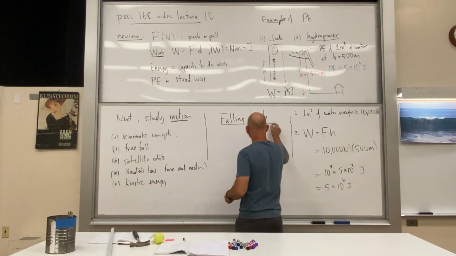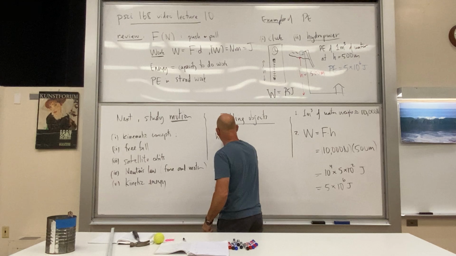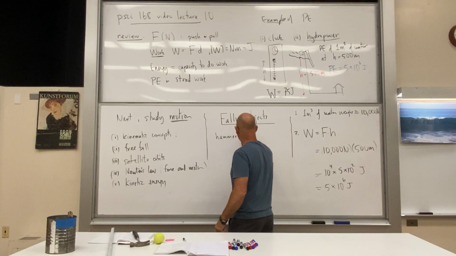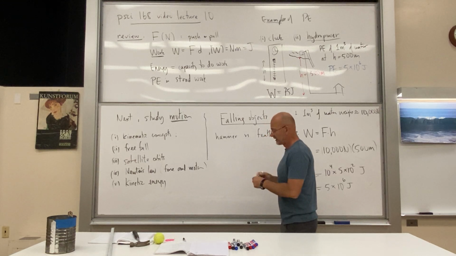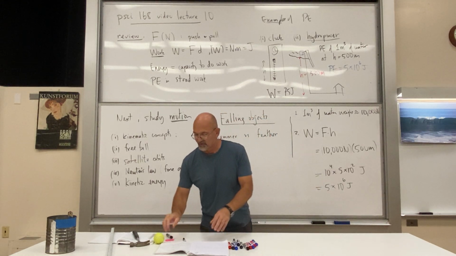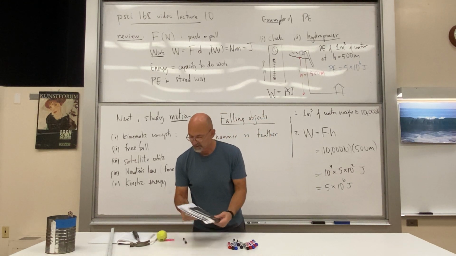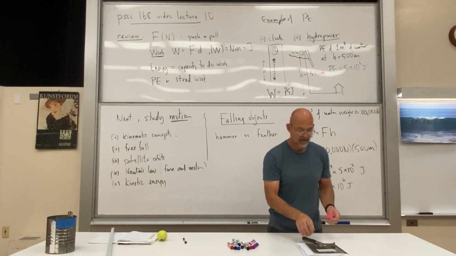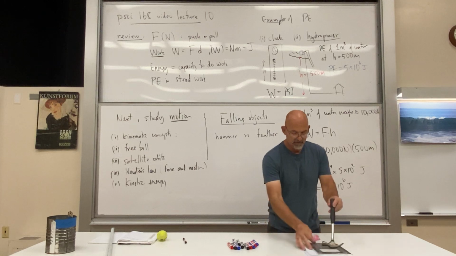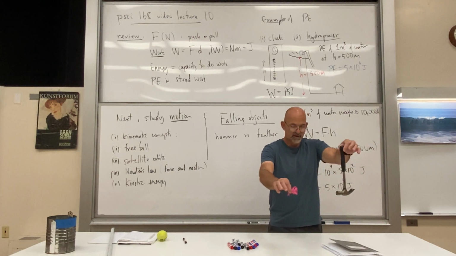So falling objects: hammer versus feather. Try not to damage anything in here. It's all got to be on the tabletop. So I'll drop this onto my book. The hammer versus the feather, which one hits the ground first?